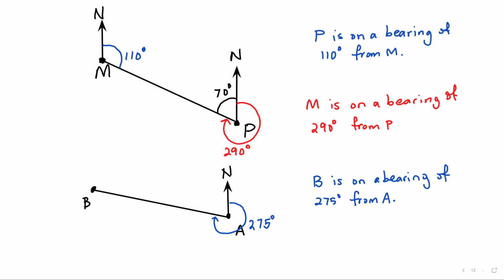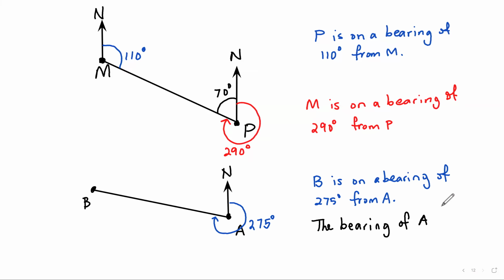How then would I find the bearing of A from B? A from B instead. So it'd be 275 from 360? No, well, remember, first we need to identify where the angle is.